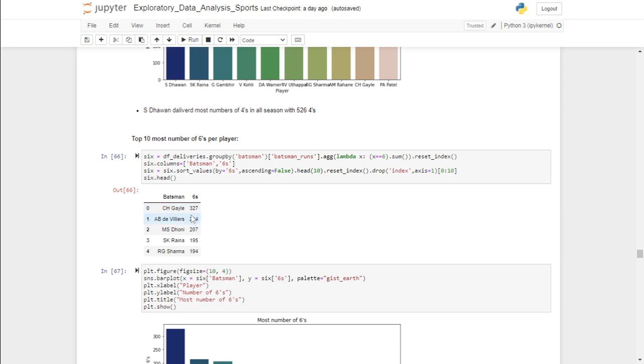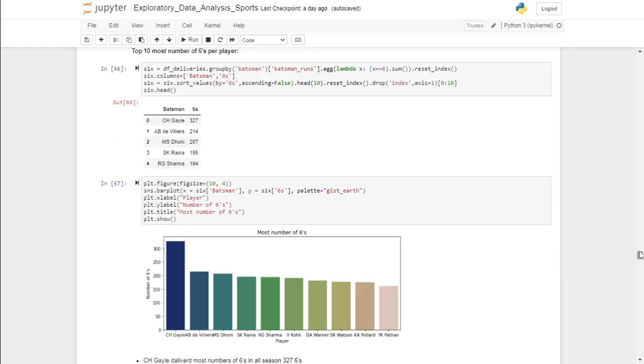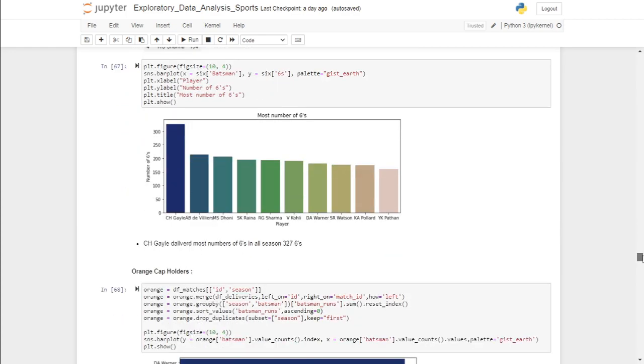He smashed 327, and the next is AB de Villiers who has 214, and there is a much larger difference of more than 100.